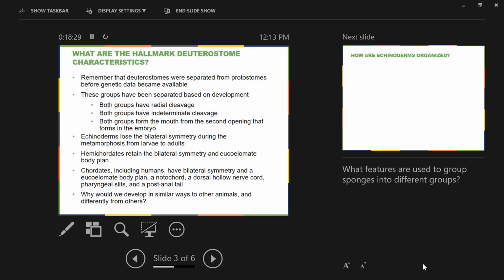The overwhelming majority of our developmental research does not have to be done on humans or any vertebrates, because there are other animals that are developmentally similar to us.